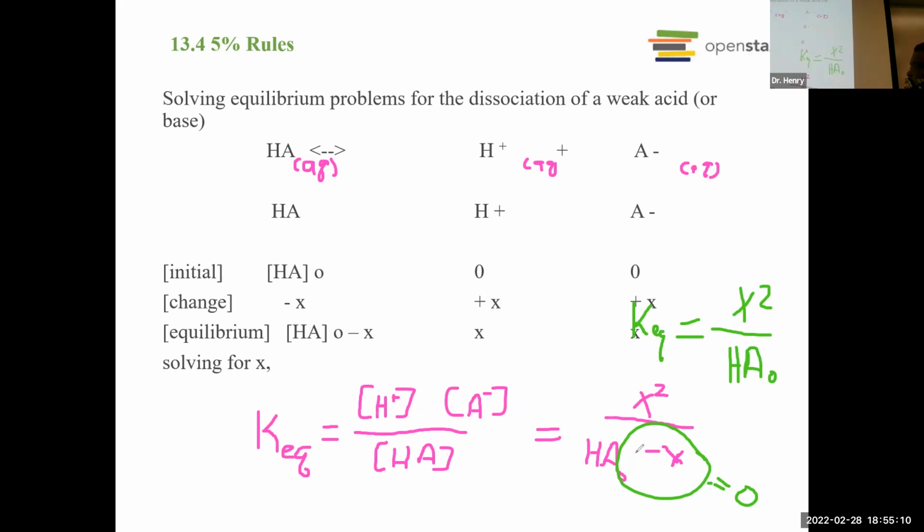The 5% rule says that if this value is less than 5% of our initial, then we're okay. Right? So in other words, you're saying that this is going to be 95%. So as long as this is less than 5%, it's okay for us to make the assumption that this is 0.